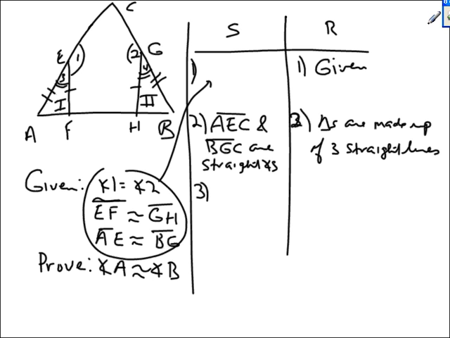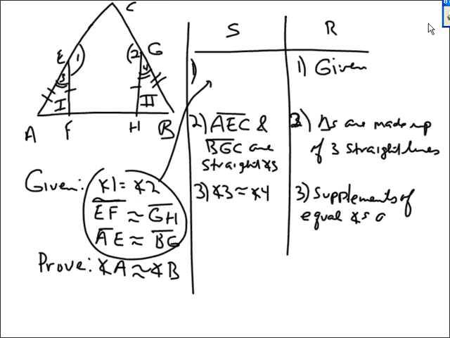Now we're going to say that angles 3 and angle 4 are equal. Now we already know angle 1 and angle 2 are equal. So we say supplements of equal angles are equal.